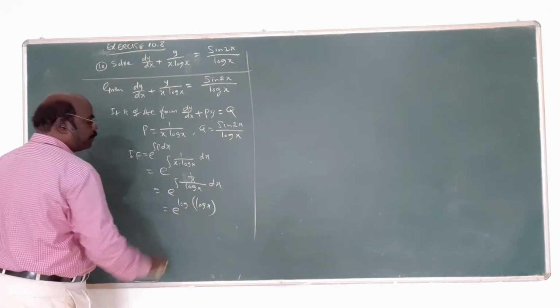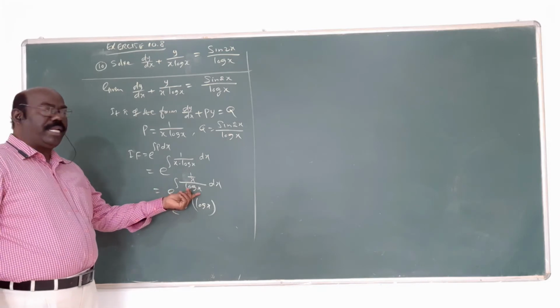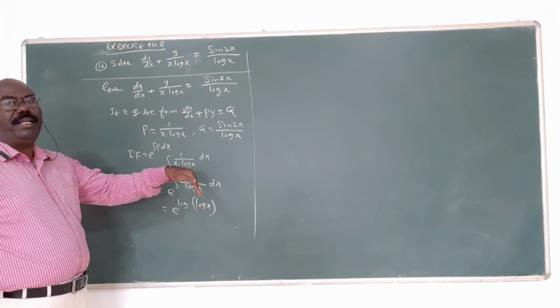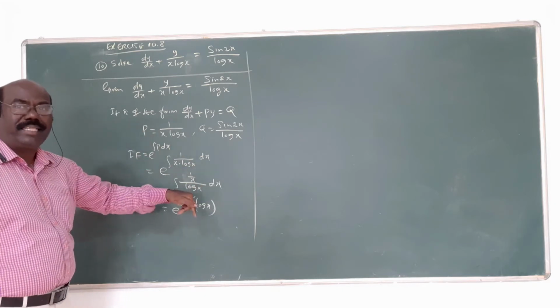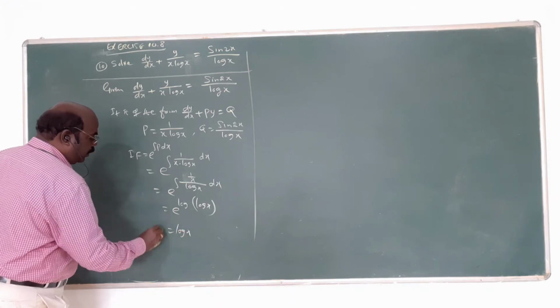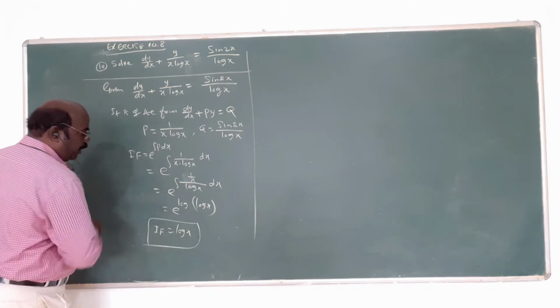Then e power log of log x, the e power and log cancel, and we have only log x. This is the idea.